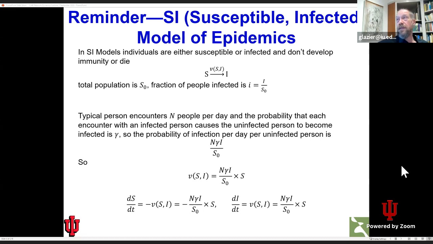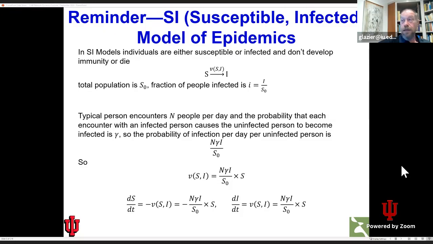Okay, so last time we wrote down this very simple SI model where we had susceptible individuals and they became infected. And we said that the fraction of the population that was infected was the number of infected divided by the initial total population, which is called S naught.